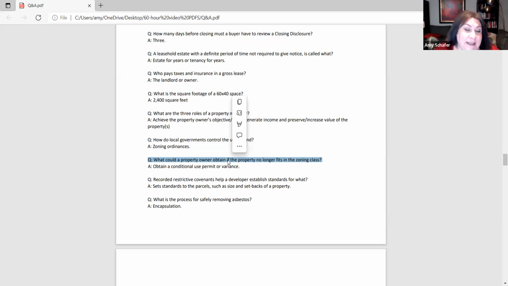It would address style of home, minimum square footage. The real difference is, though, between a restrictive covenant and a building code is restrictive covenants are managed by either the developer or the homeowners association, whoever is still in charge. Building codes are regulated by city ordinance, and they are absolutely for safety.